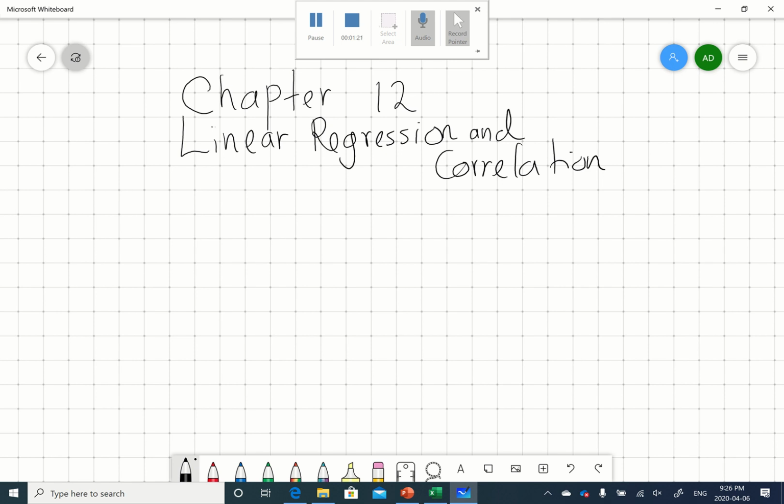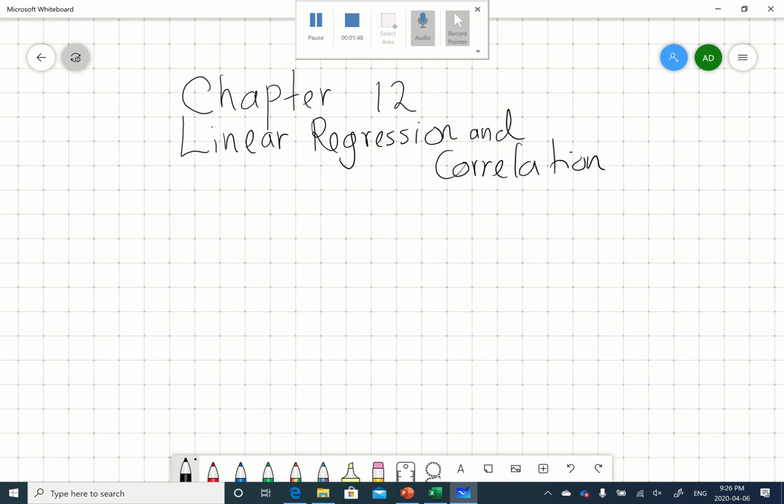We are going to talk only about two variables, but this idea can be generalized to as many variables as you have. We're going to talk about two main methods: linear regression, and the other method called the coefficient of correlation.